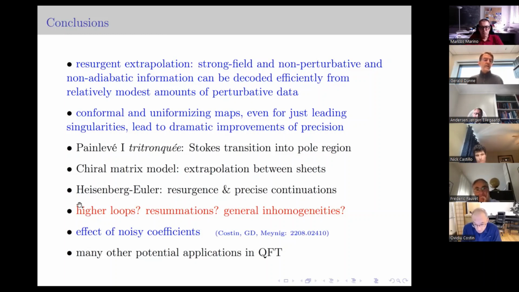There are many open questions in the field theory applications: higher loops, resummations, more general inhomogeneities, the effect of noise as a subject of a recent paper, and many, many other potential applications. So let me stop there.